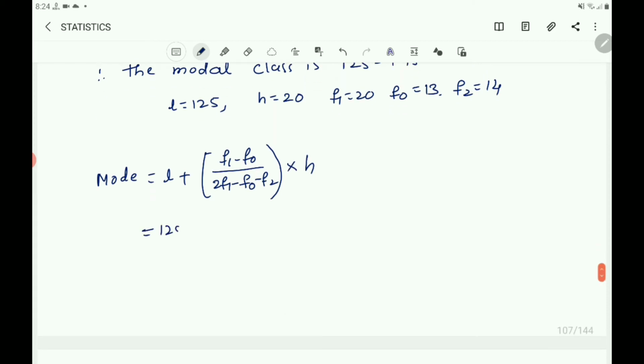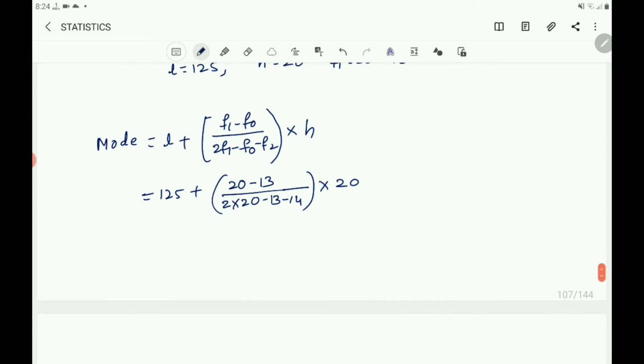L is 125 plus F1 is 20 minus F0 is 13, by 2 into 20 minus 13 minus 14, into H is 20.